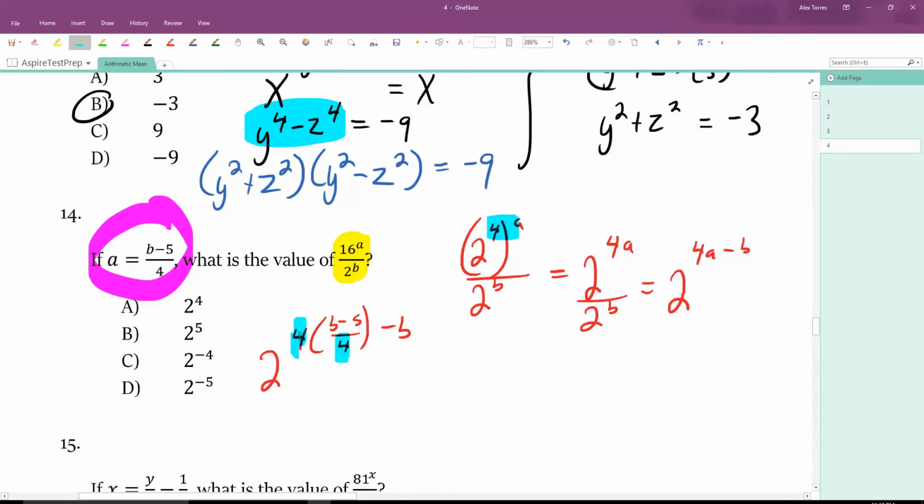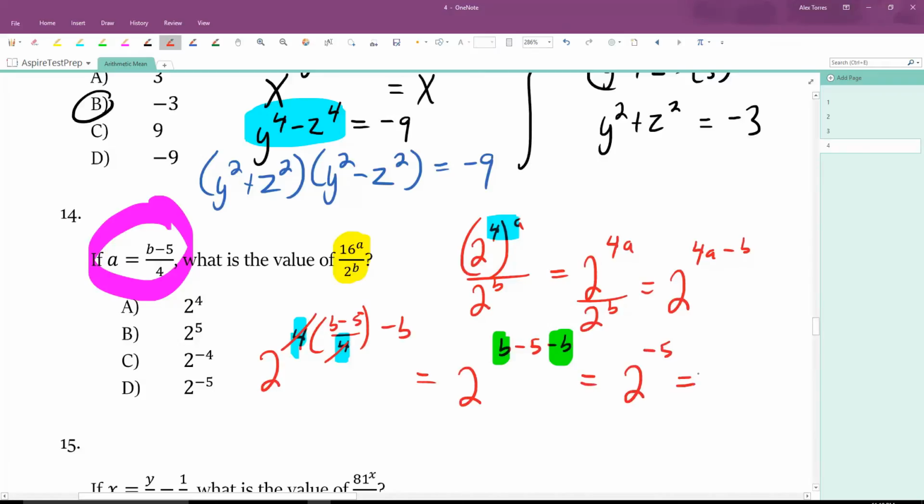So that's like 4 over 1 times 1 over 4. In other words, that cancels, leaving us with 2 to the b minus 5, pardon my sloppy 5 there, minus b. Now we've got b minus b, so that cancels away and leaves us with 2 to the negative 5th.